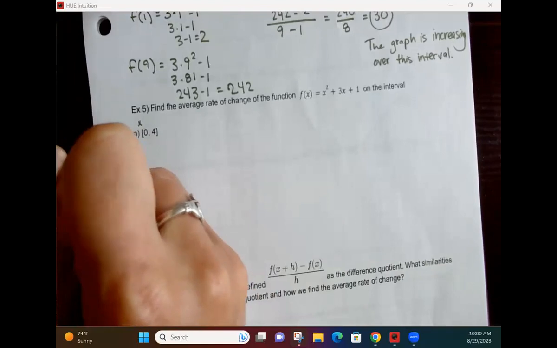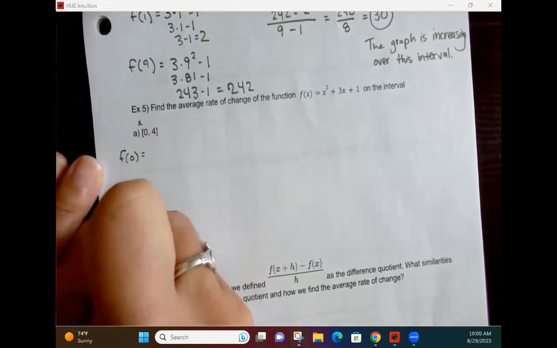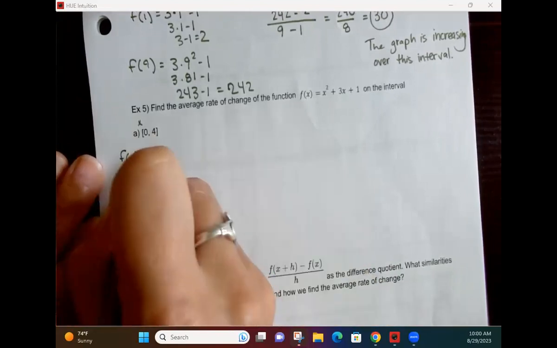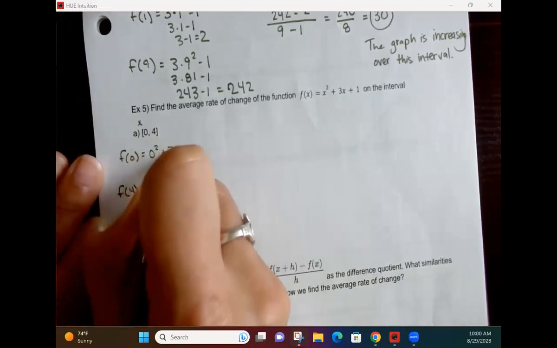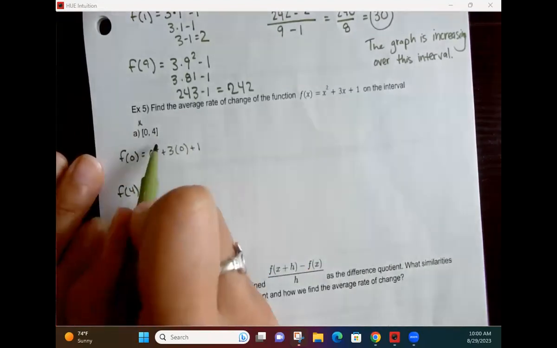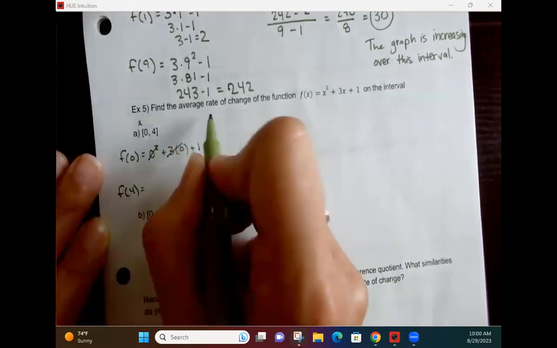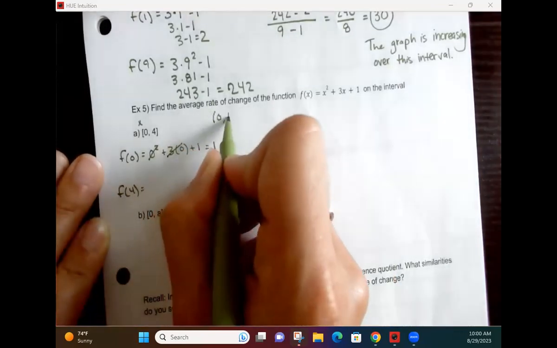So I've got to start by finding f of 0 and f of 4. So for f of 0, that's 0 squared plus 3 times 0 plus 1. So that's 0, and we just get 1 here. So I know my first point would be (0, 1).